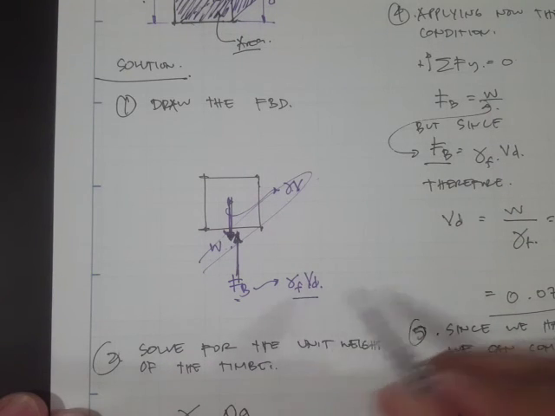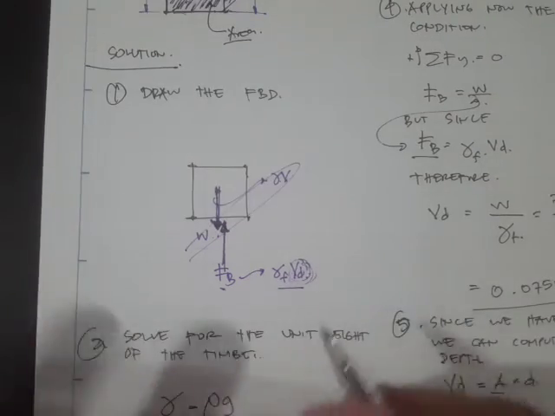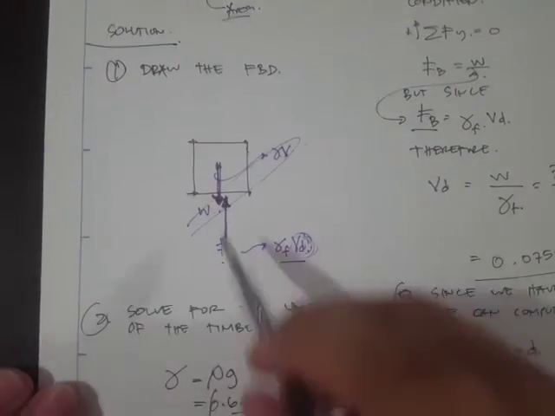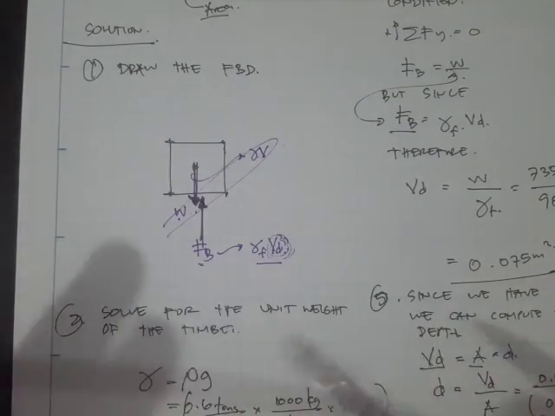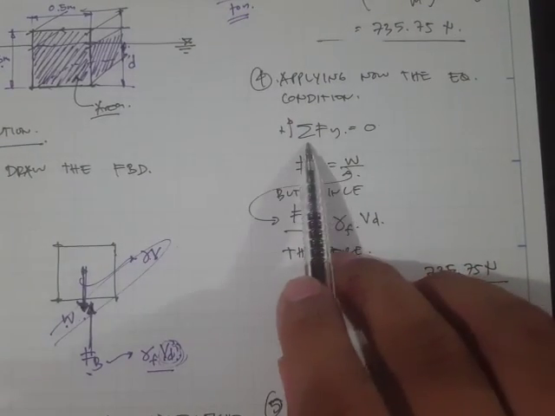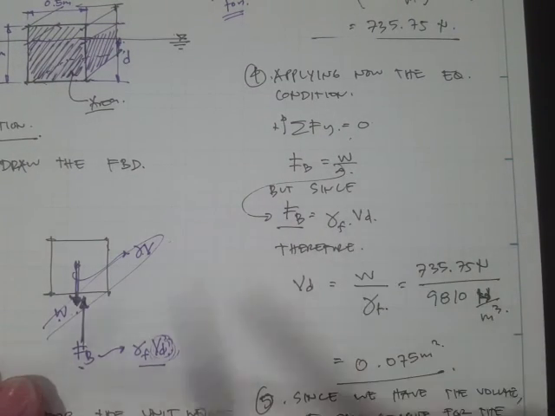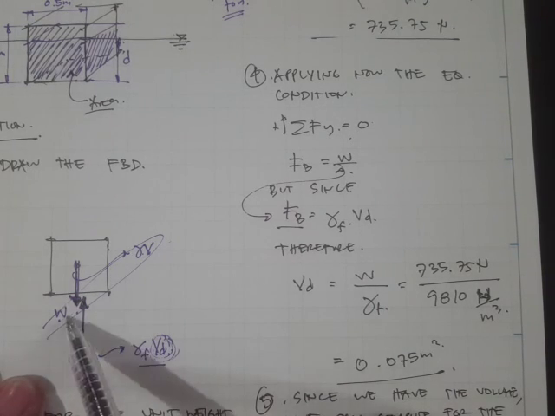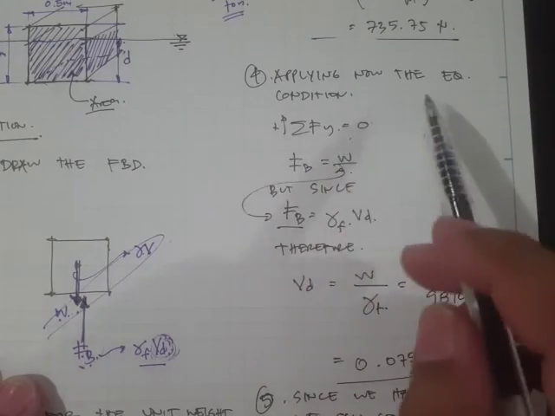What we don't have here, the unknown, is the V sub D. So we first solved for the weight, because once we have the weight, we can apply the equilibrium equations. Summation of forces y equal to 0, and the buoyant force is simply equal to the weight.